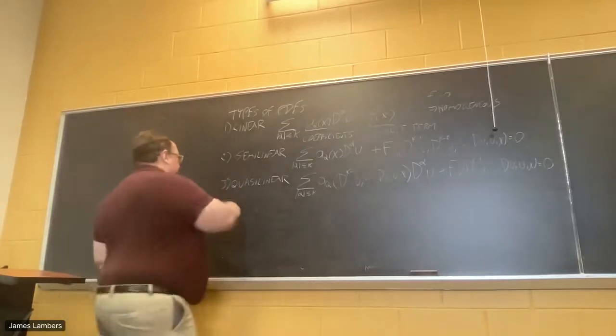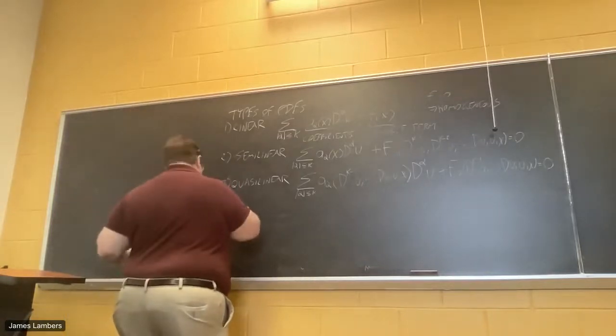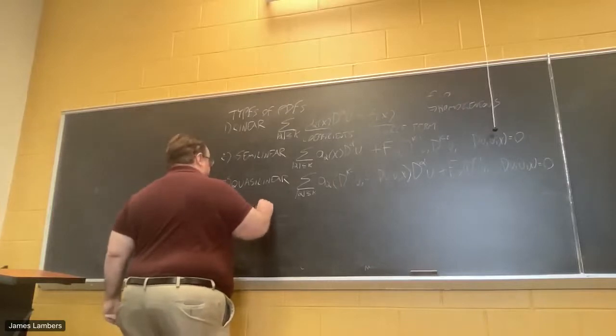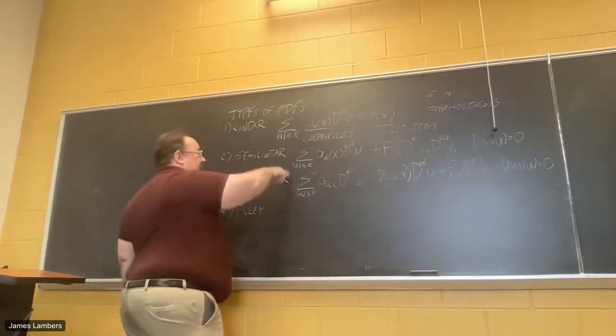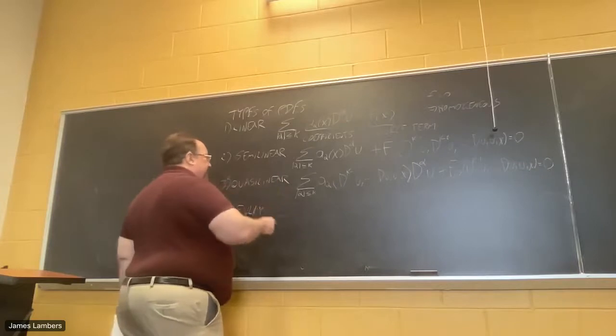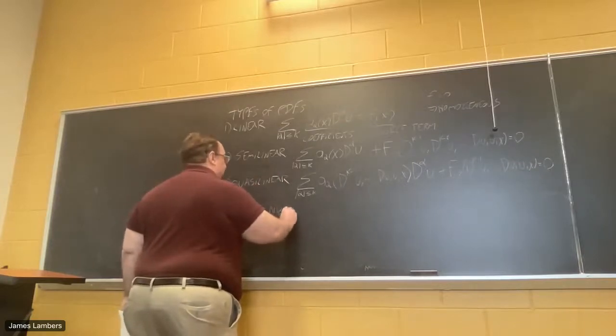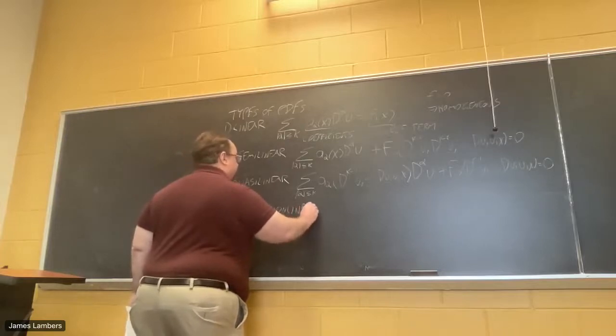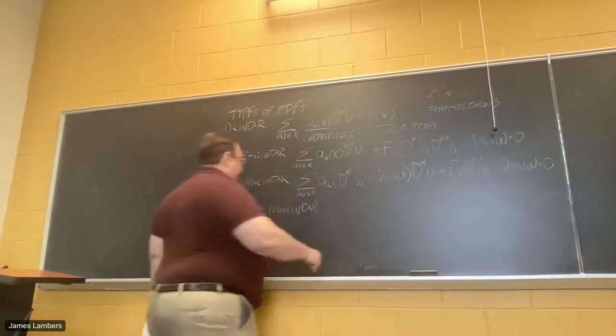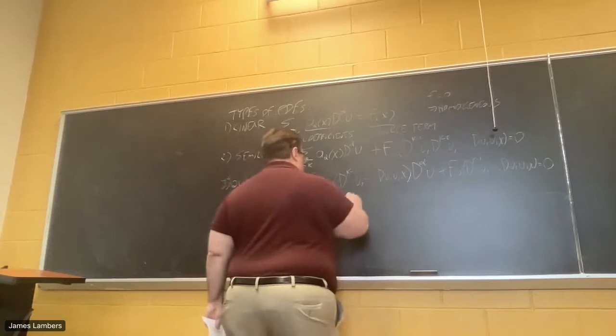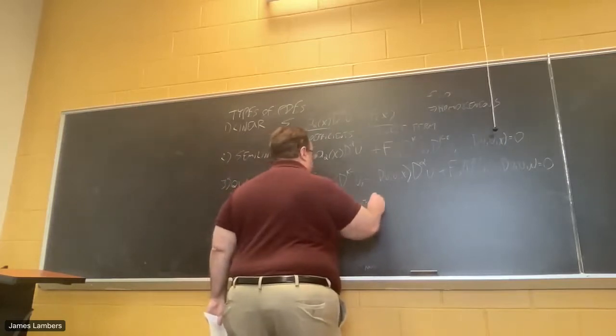And then finally, we have what's called fully nonlinear. So these two are still nonlinear, but we have these more specific adjectives for them. But any PDE that doesn't fall into any of these three baskets is called fully nonlinear.